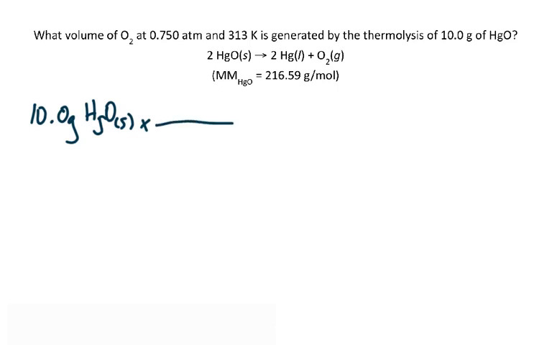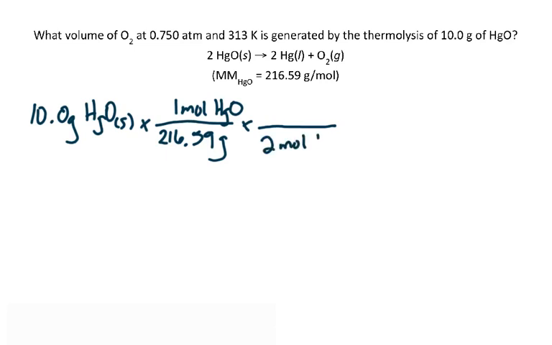We are given in the question the molar mass, 216.59 grams is 1 mole HgO. We know from our balanced equation that 2 moles of HgO make 1 mole of oxygen.